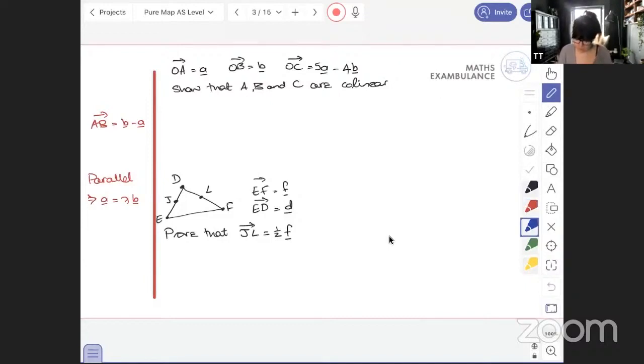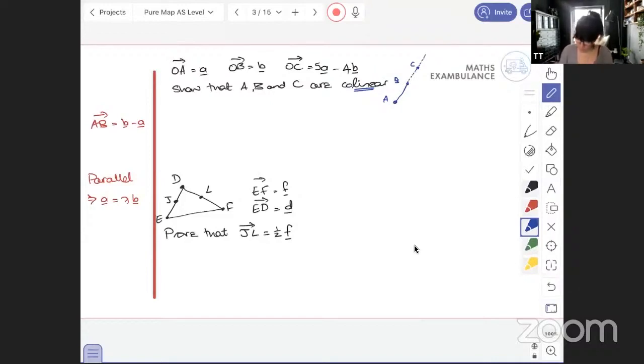Collinear means in a line. So the idea is if A and B join up, of course they do, and I continue that line, and it goes through C, then A, B, and C are all on the same line, so they're collinear.